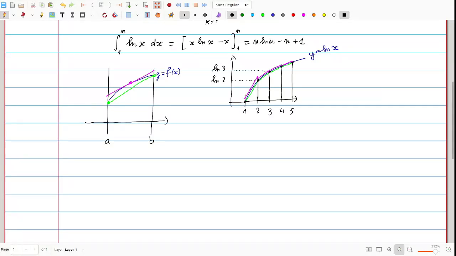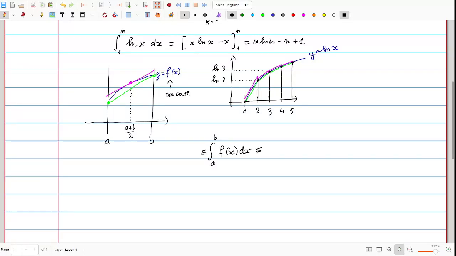So this is the tangent in the midpoint, and of course if f is concave, it's clear that the integral of f dx in this interval can be estimated from above and from below with these two linear functions.